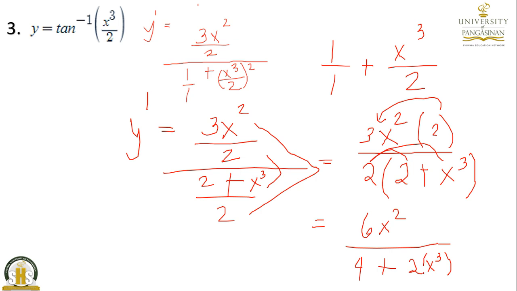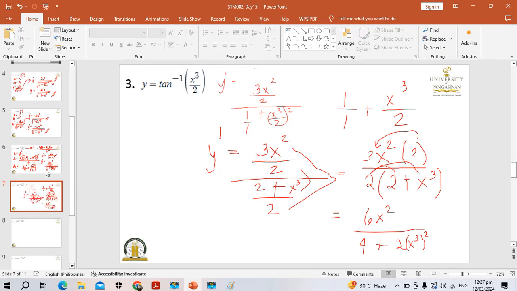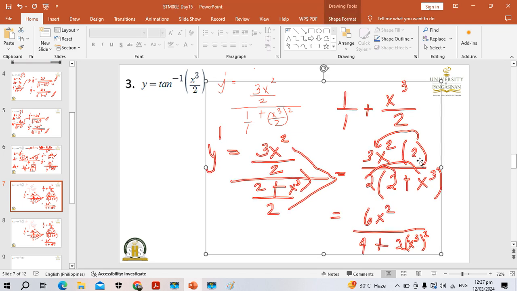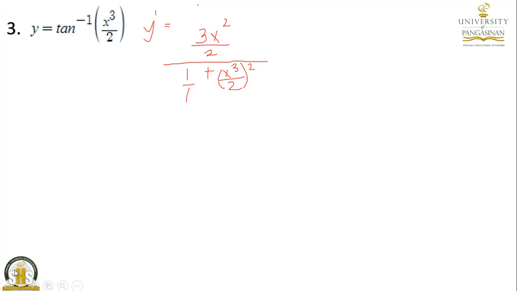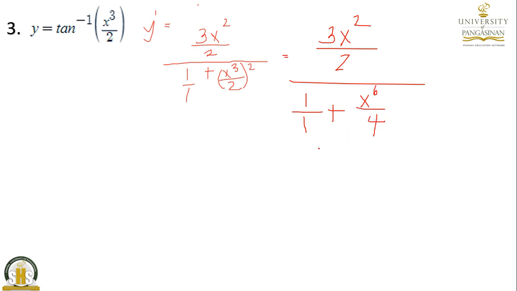Tapos, dito naman, meron tayong square root of 2. Wait lang, may gagawin ako. Tingnan natin kung parehas yung lalabas na sagot. So, magiging 3x squared all over 2. Then 1 plus x raised to 6 all over 4.